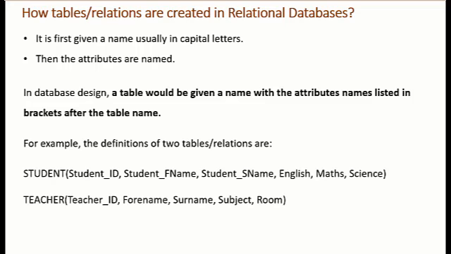For example, these are the definitions of two tables: a student table and a teacher table. Student ID, student first name, student second name, English, maths and science are the attributes for the student table. And teacher ID, forename, surname, subject and room are the attributes for the teacher table. STUDENT and TEACHER in capital letters are the names of the relations.